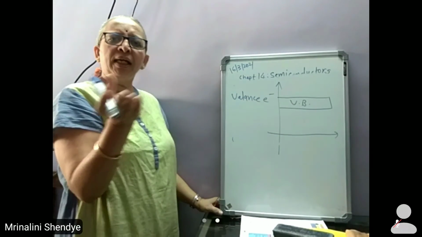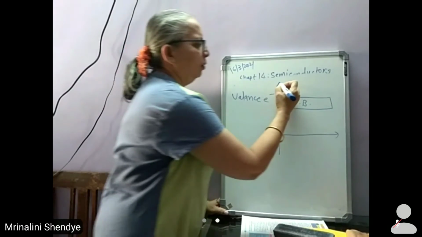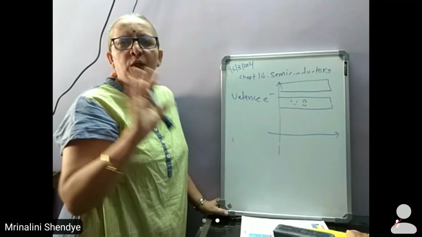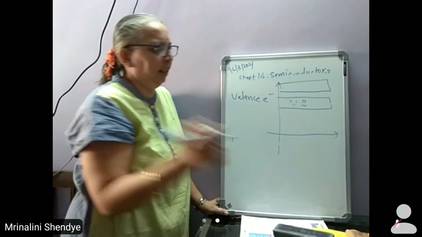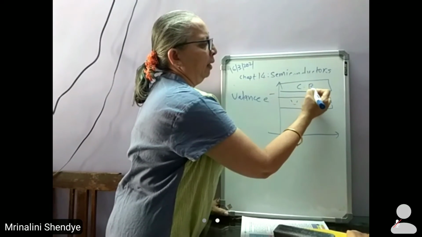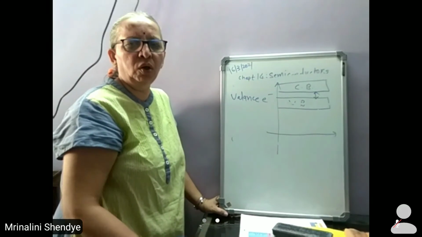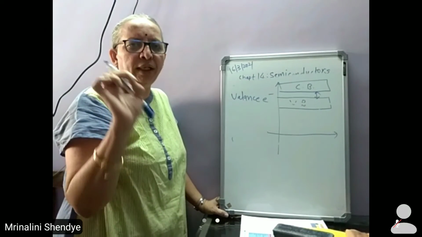The immediate next band just above the valence band, in which we don't get any electron, is called the conduction band, and there is a gap of energy between these two for each and every solid material.